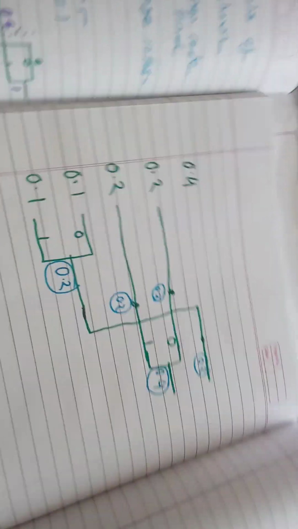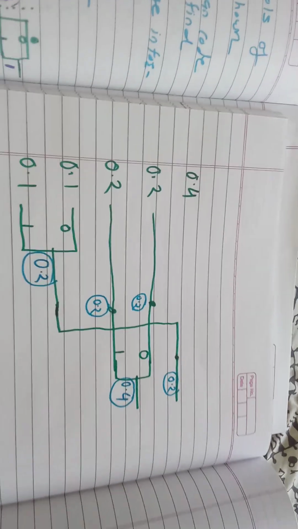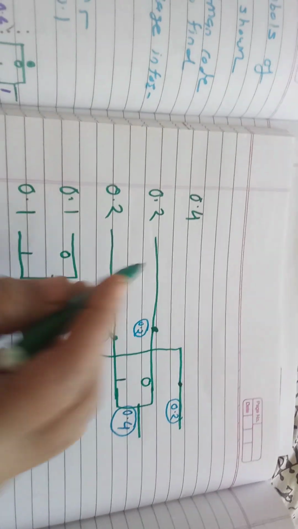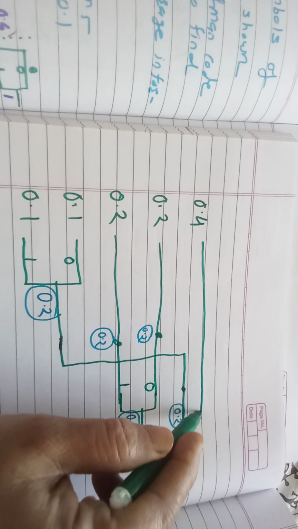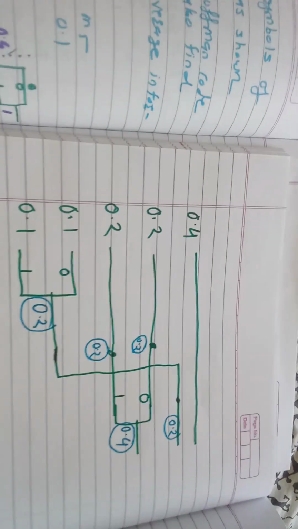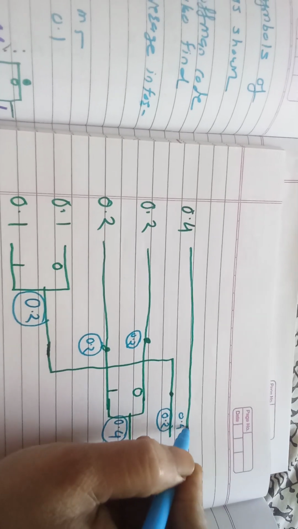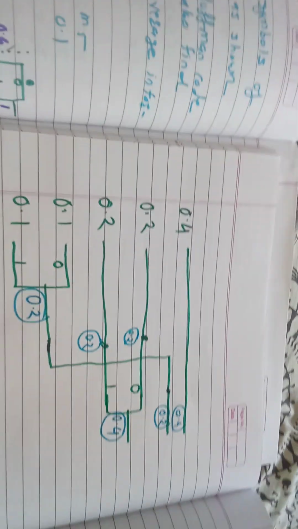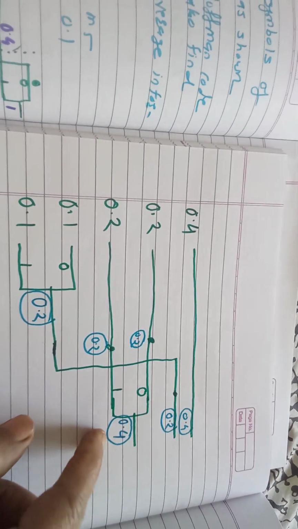Okay, now you have two probabilities, so you need three. Take this 0.4 here again. So you have 0.4. Now again you have to decide which has to go upward. Now this is 0.4, this is 0.2, 0.4. Similar is 0.4 and 0.4.